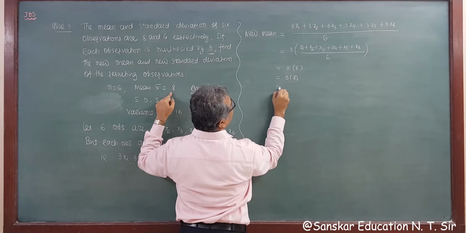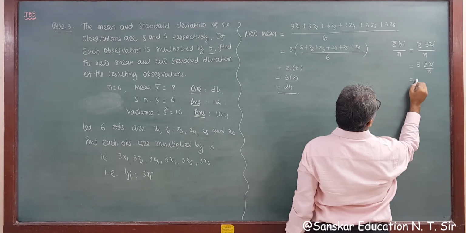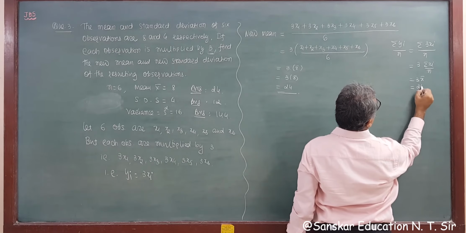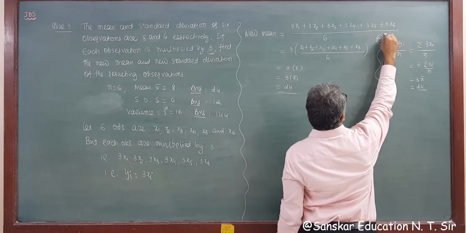And here you can write like this: new mean is equal to sigma yi upon n, that is sigma 3xi upon n. So this is 3 times sigma xi upon n. So this is 3x bar, and that is your 24. So you can write either this or this.